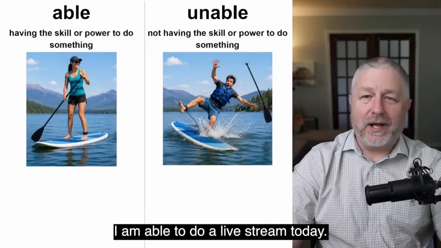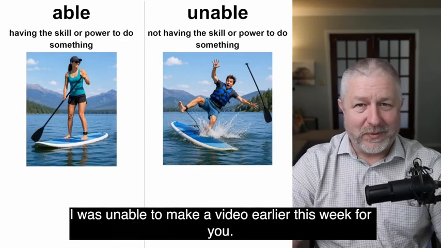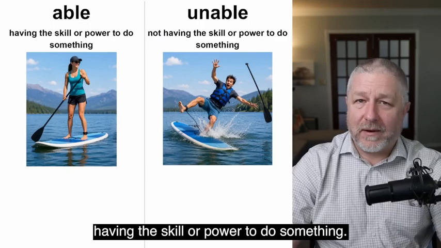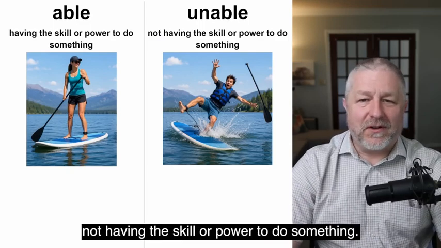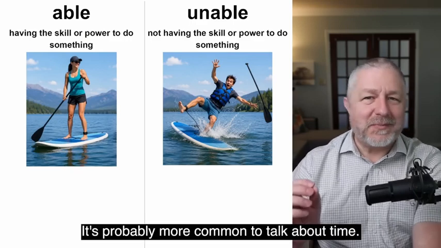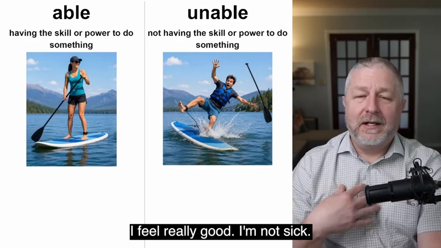Able and unable. I am able to do a live stream today. I was unable to make a video earlier this week for you. When you are able to do something, you have the skill or power to do something, or the time. When you're unable to do it, you don't have the skill or power to do something or the time. It's probably more common to talk about time. Like, I'm able to go to work today. I feel really good.